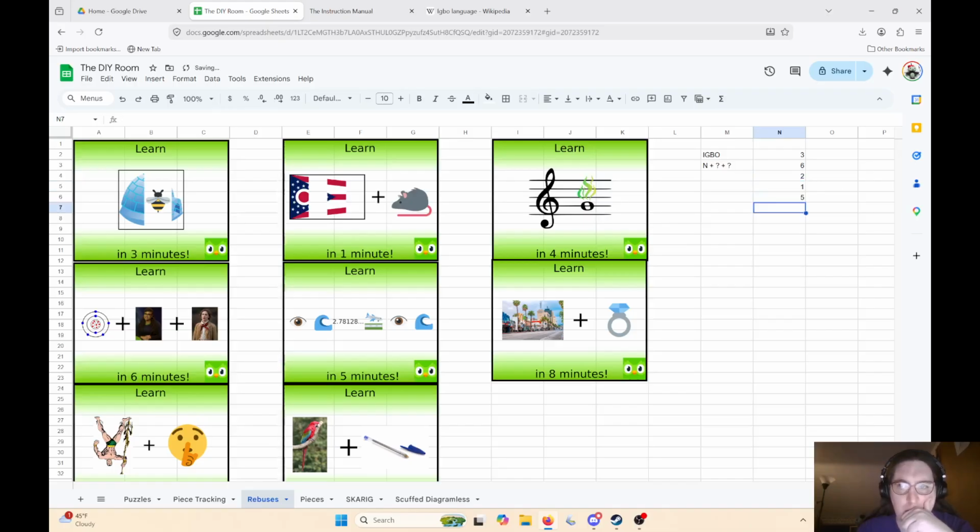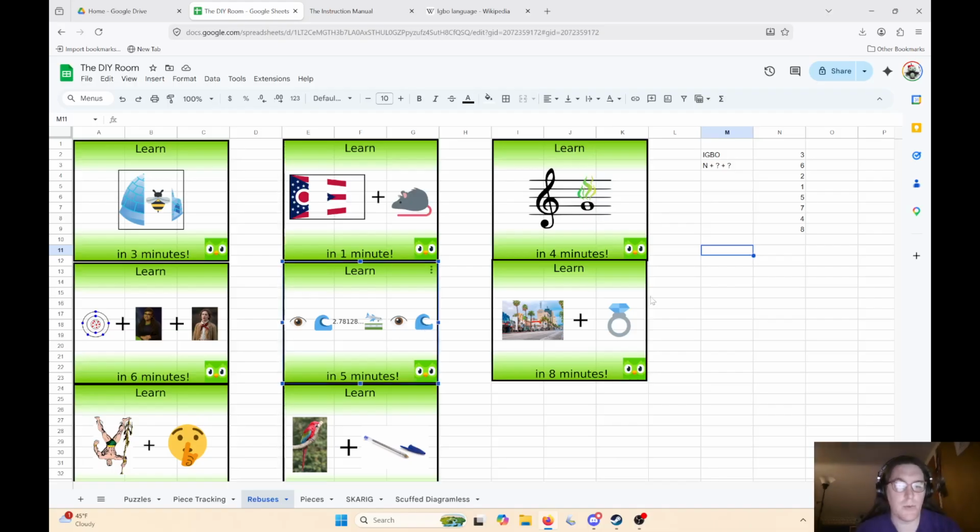2, 1, 5, 7, 4, 8. Oh, is this an ordering? This looks like an ordering. Every good G. It's like stinky G. G odor. ICE.